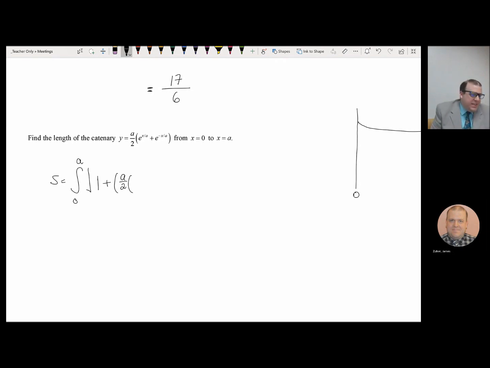So what's the derivative of e to the x over a plus e to the negative x over a? And so that's the first term.